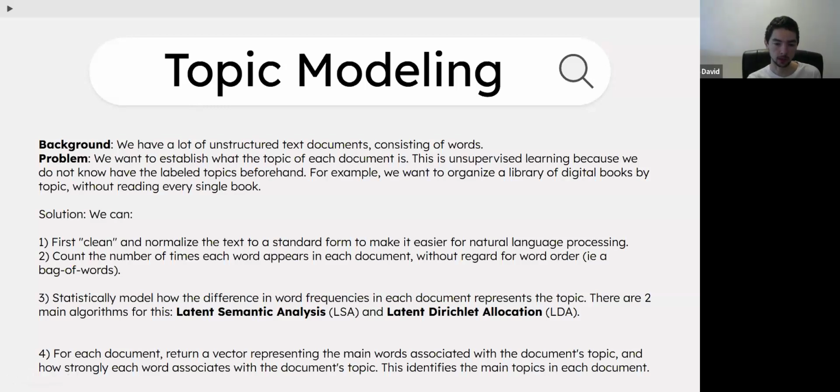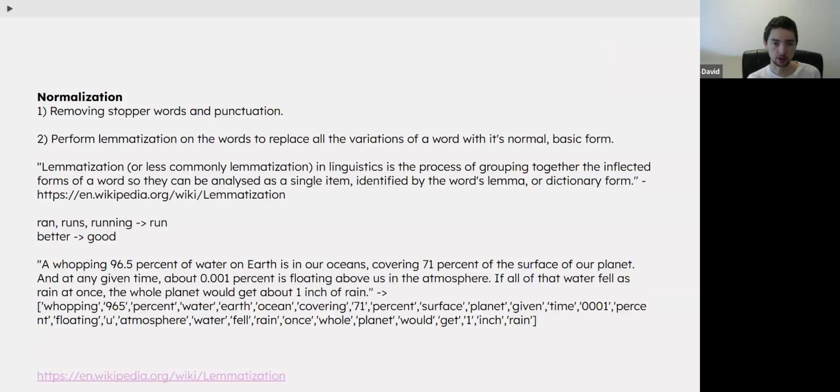Then we'll output how much each document is associated with each word. One part of normalizing is to remove stop words and punctuation, and then do lemmatization, which is to find the stem.